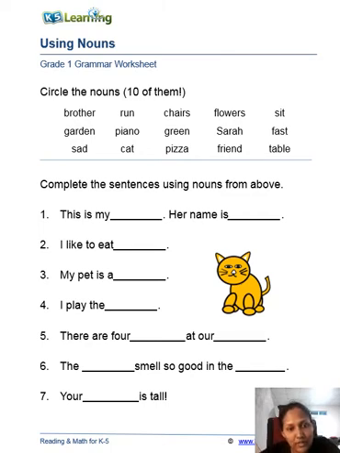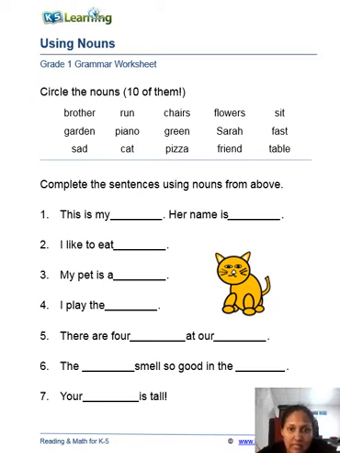Number 3, my pet is. What is the word we can find? Cat. My pet is a cat. Number 4, I play the, what can you play? Find from the list. Can you play the chairs?